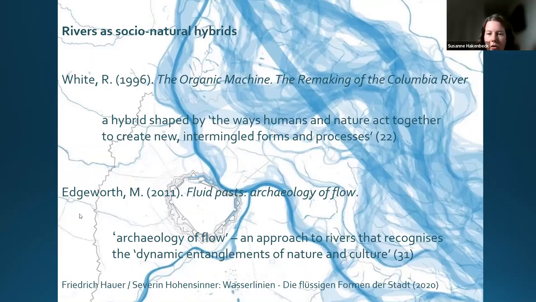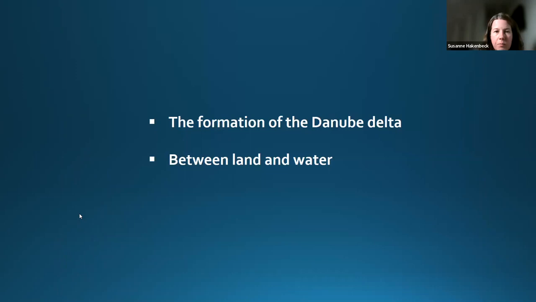So central to these studies is that both humans and rivers have agency, and any actions that humans carry out on the river, for example, manipulations of river courses, may have unintended consequences further down the line. And this is something that I'm going to illustrate in the examples that now follow.